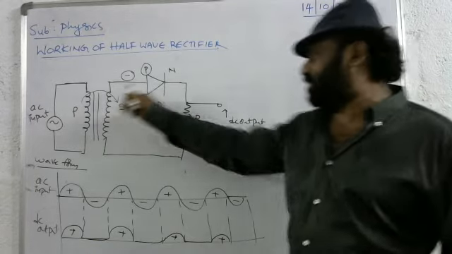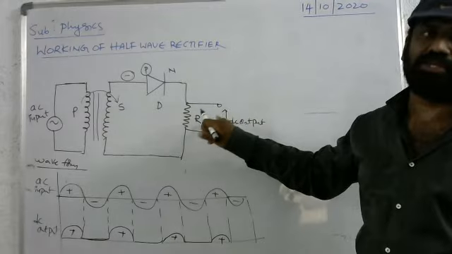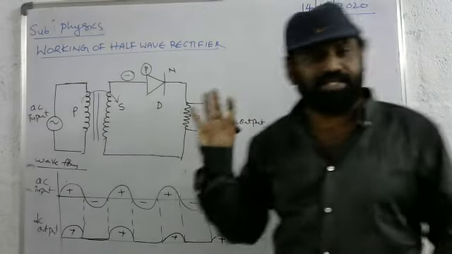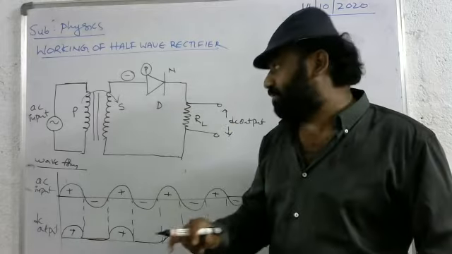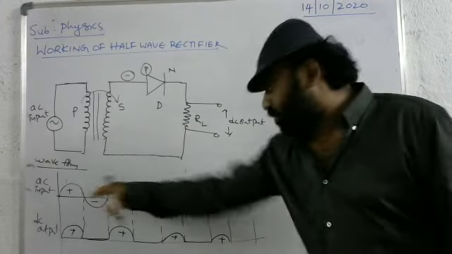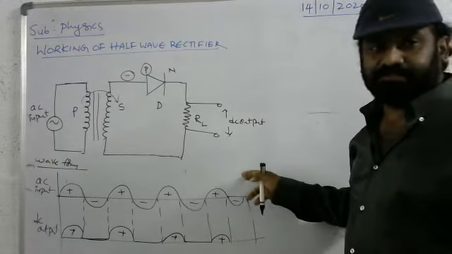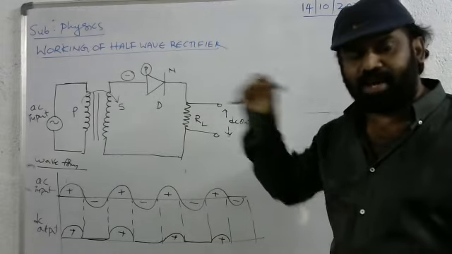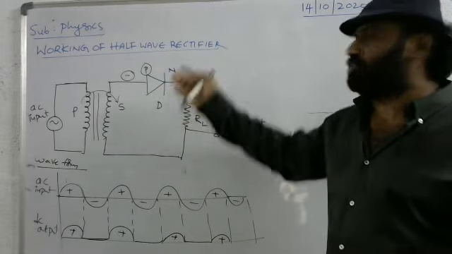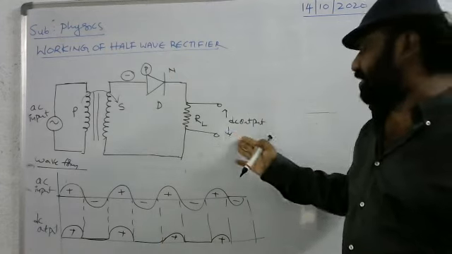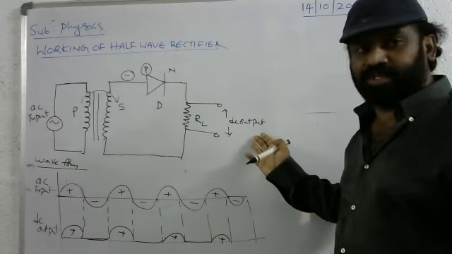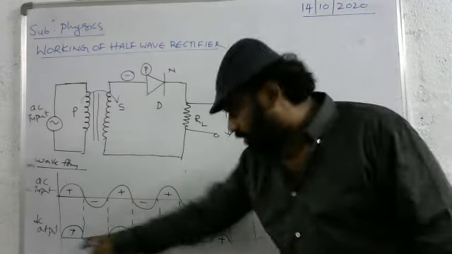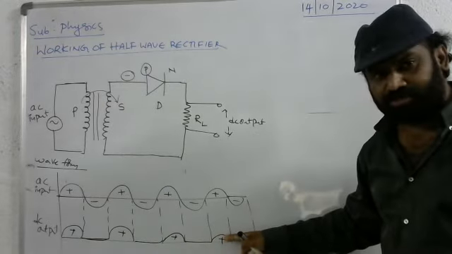Through the diode, the DC output can be taken across the load resistance. Next, third point, during positive half cycles of AC, diode D is in forward bias. It allows the current and we can get the signal at the output as a DC output. And here we have all these DC outputs.